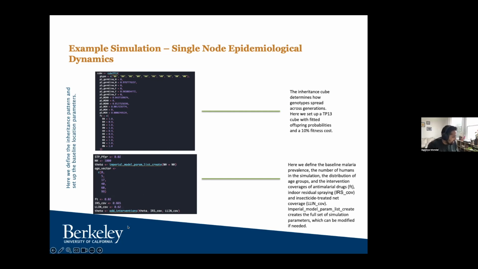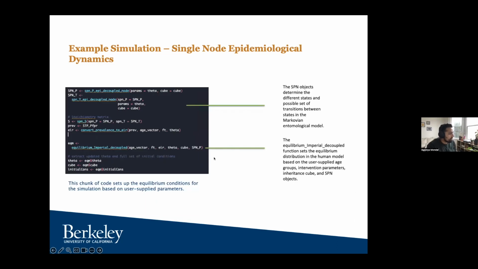And then finally, the vector control and disease management interventions pre-gene drive, so the IRS, LLIN, and anti-malarial drug coverages can be specified there. And then the add interventions function just modifies the relevant parameters based on those. So yeah, that's how you'd set up the location in which you want the simulation to take place.